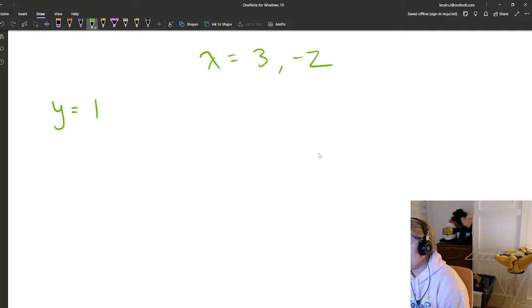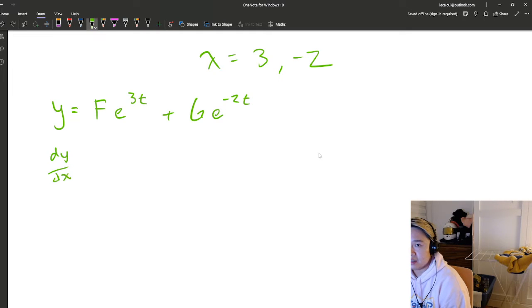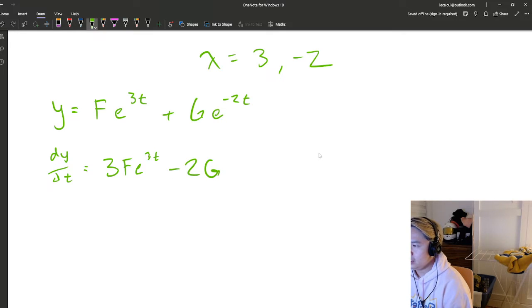So y is equal to f e to the 3t plus g e to the negative 2t. So I need to find dy dt. So this is going to be 3f e to the 3t plus minus 2g e to the negative 2t.